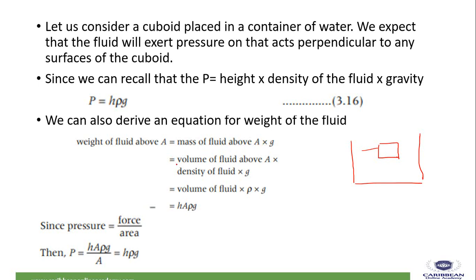And we went ahead a while ago and derived a formula for the weight of the fluid. So at the end of the day, the weight of a fluid is equal to the volume of the fluid times the density of the fluid times gravity. But because we are dealing with volume, right? Volume speaks to height times area.